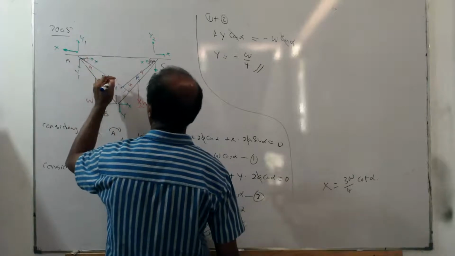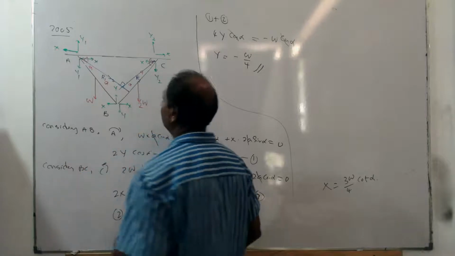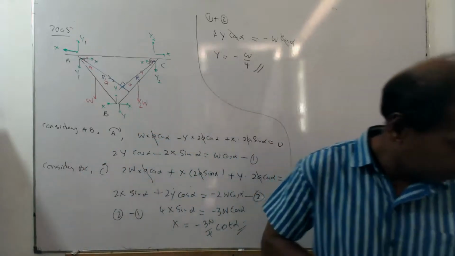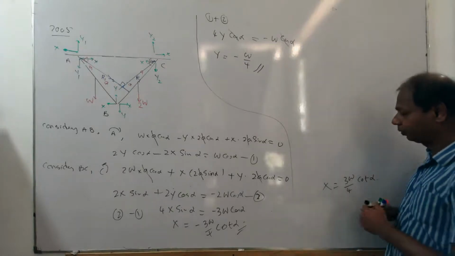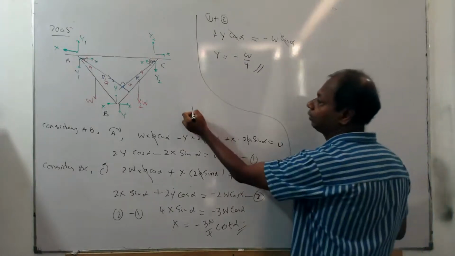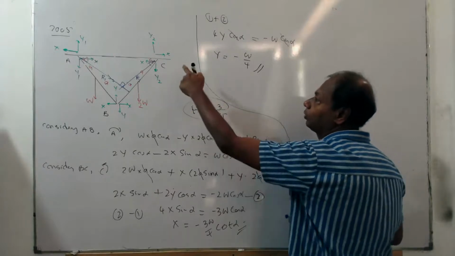R1 and R2 are perpendicular to each other. Under this condition, we have to show that tan alpha equals 3 over root 35. Finally, we have to show that tan alpha equals 3 over root 35, and this is what we are given.